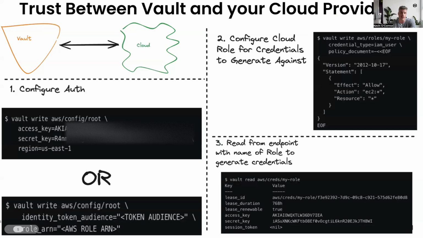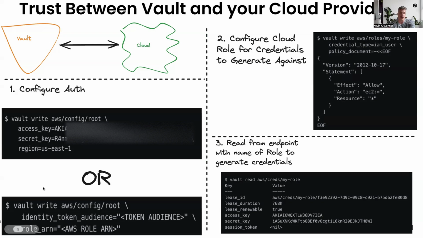Once you have that set up, now we need to talk about Vault to the cloud, right? How does that authentication happen, right? So you're going to need to configure the cloud provider secrets engine within Vault, right? And there's two ways of doing that. So historically, this required static credentials in Vault. So you would set up credentials in Vault that it would use to authenticate to the cloud.